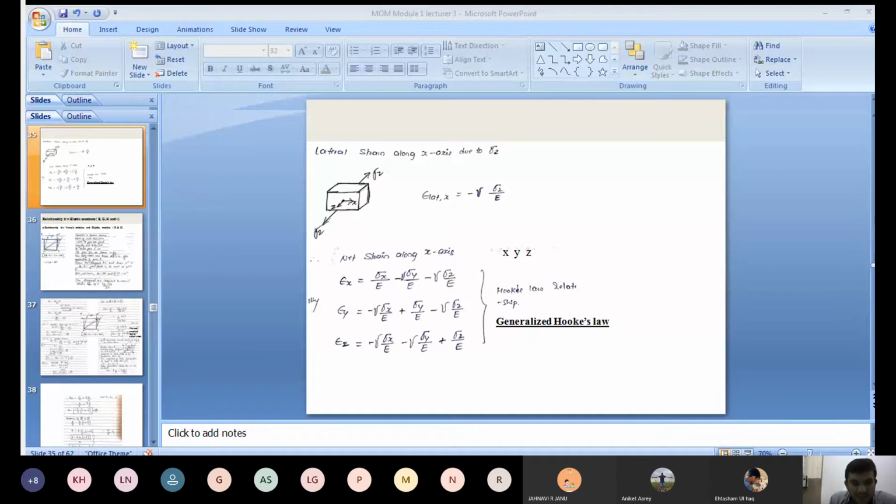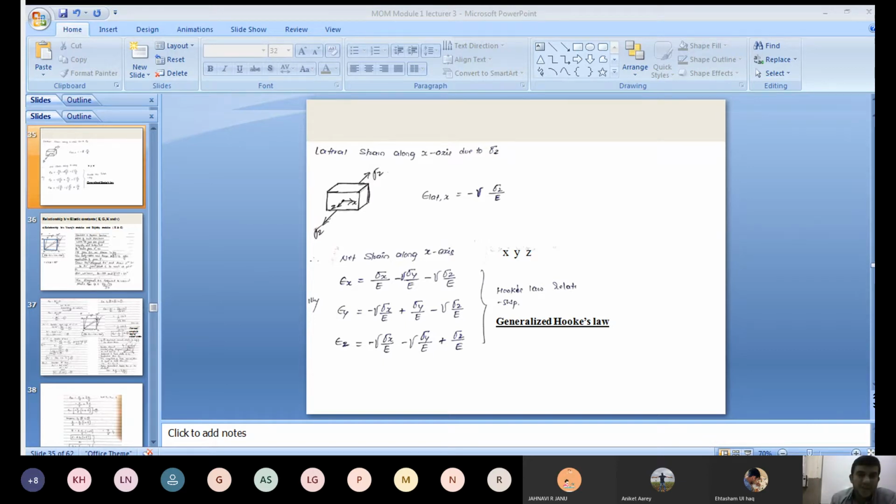Just substitute here: sigma y is 0, sigma z is 0, because no stresses are acting along the y and z directions for a tensile test specimen, or what we discussed in the stress strain diagram for mild steel, low carbon steel. Now finally what we get? Epsilon x is equal to sigma x by E. That is Hooke's law. Similarly go for y direction also, z direction also.